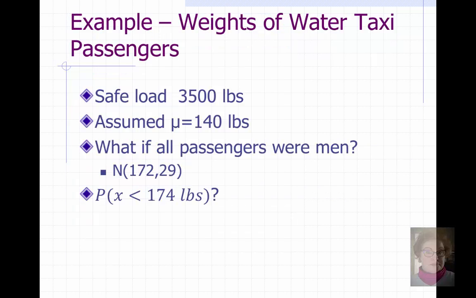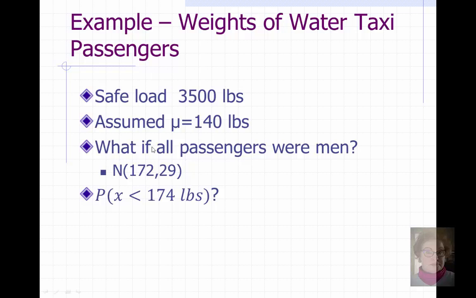Now let's look at another example. Water taxi passengers. It's been determined that a safe load for a water taxi is 3,500 pounds. And that is for the number of people where we're assuming that a mean human being weighs 140 pounds. So 3,500 divided by 140 means 25 people, mean of 140 pounds.